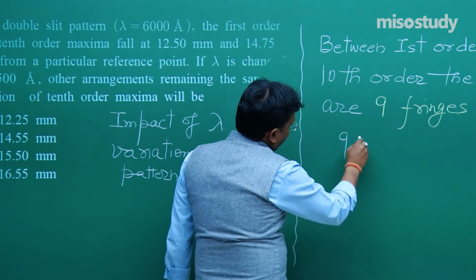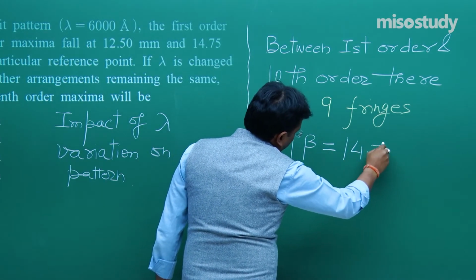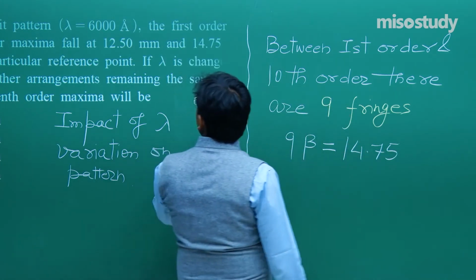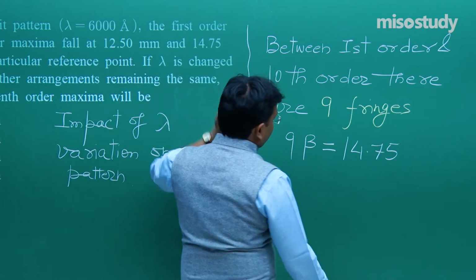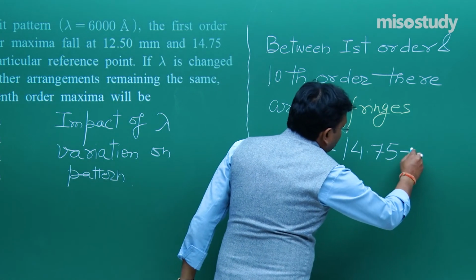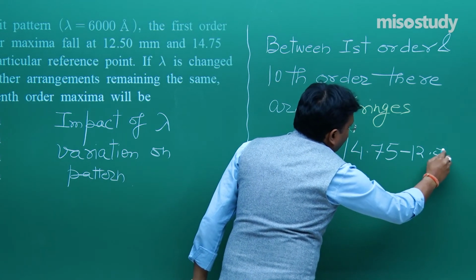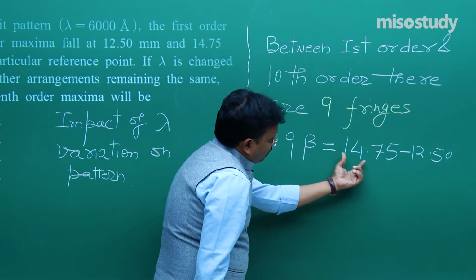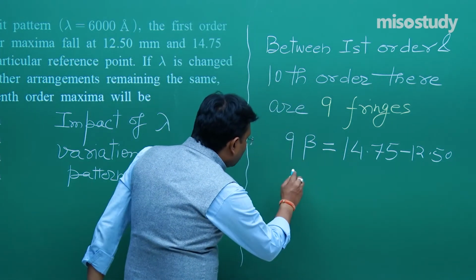So, 9 beta is equal to 14.75, and what is the value given as? It is 12.50. So 9 beta is equal to 14.75 minus 12.50. So what it will give you?